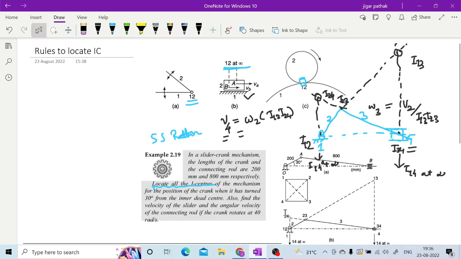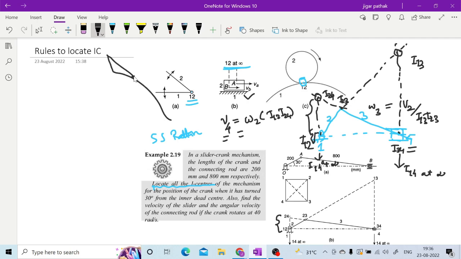That is why you can use this expression to get the linear velocity of the slider. So this is how you get this equation. Sir, the values of I12 and I24 are the lengths of this construction, I12 to I24 means this distance, right? Yes, whatever this distance is.